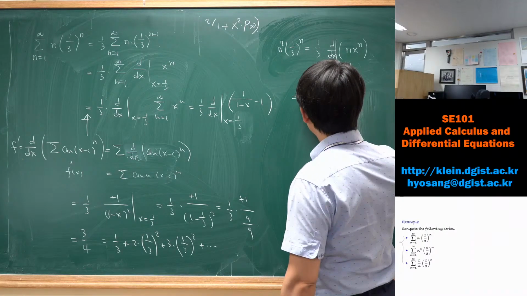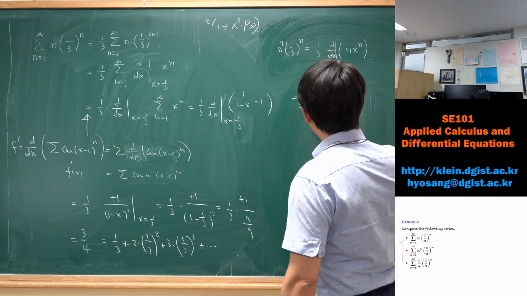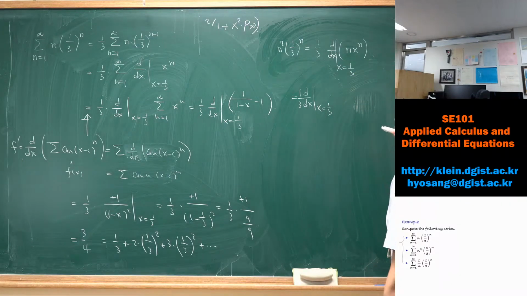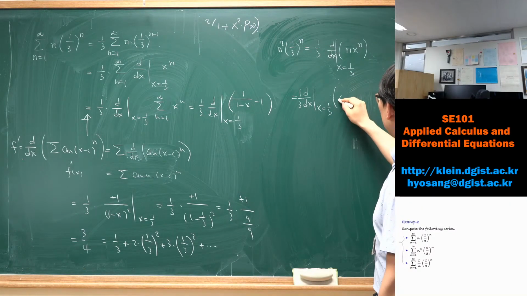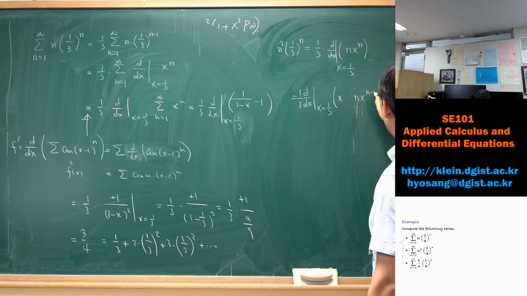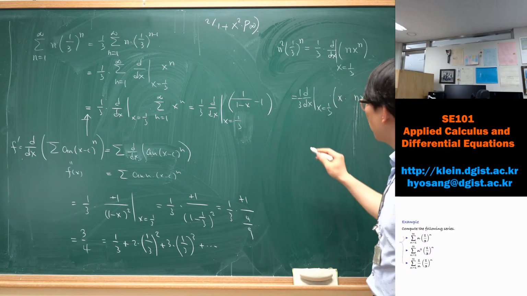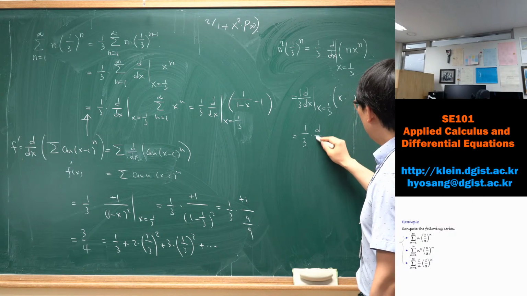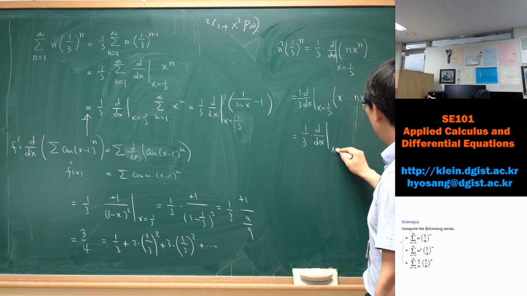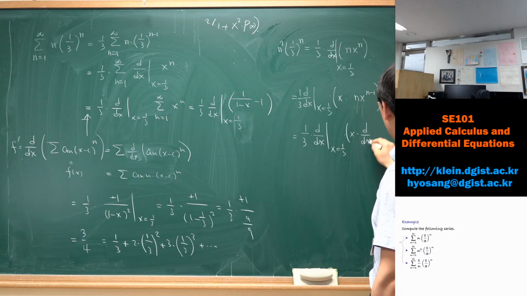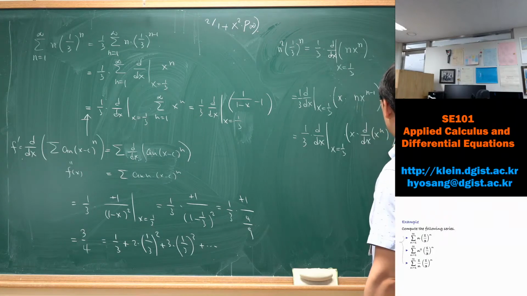And looking at this one, you have x times n times x to the power of n minus 1, right? So you can take d/dx, with x equals 1 over 3, of x times d/dx of x^n.